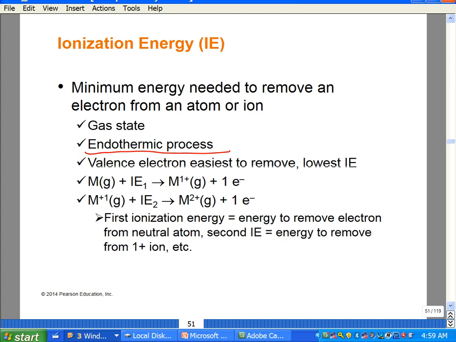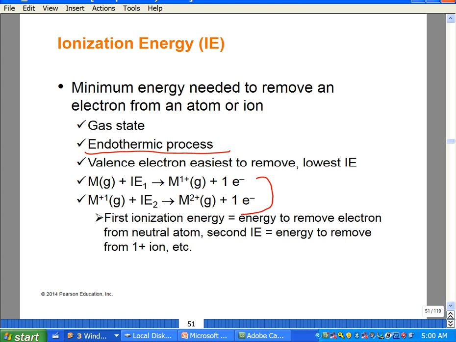The valence electrons are the easiest to remove because they're swimming on the outside of the atom. But as you get past the valence electrons and start going toward the core, toward the nucleus, where those electrons are more tightly held, then the ionization energy gets much higher because it's much more difficult to remove those electrons, right?